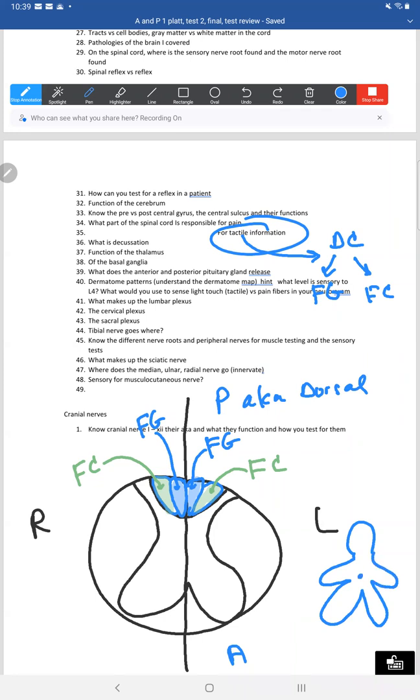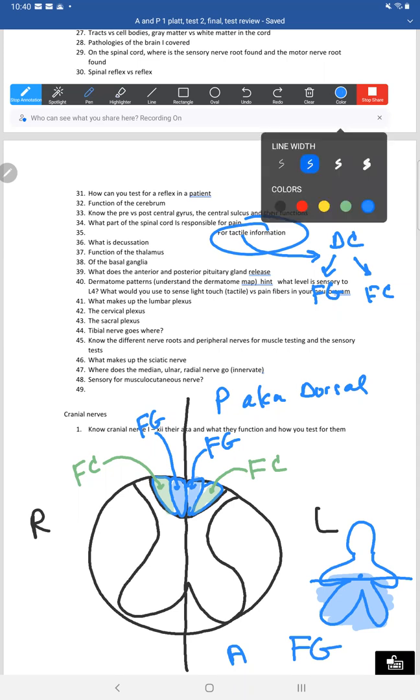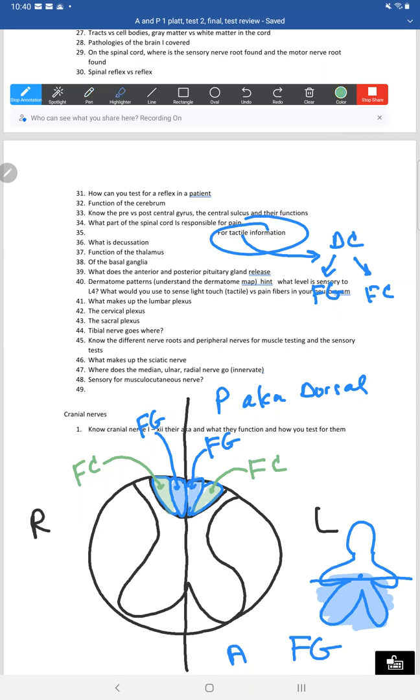There's the belly button. About the belly button down, all of that is the fasciculus gracilis responsibility, and about the belly button up is the fasciculus cuneatus.